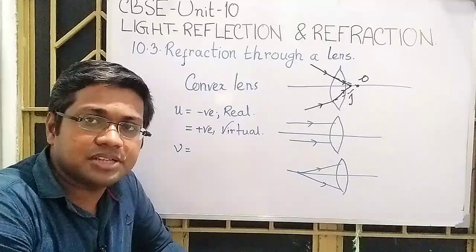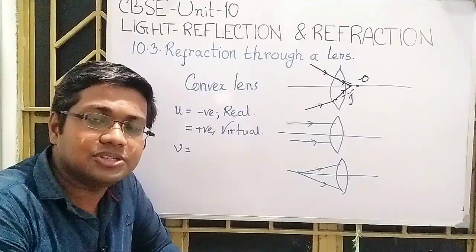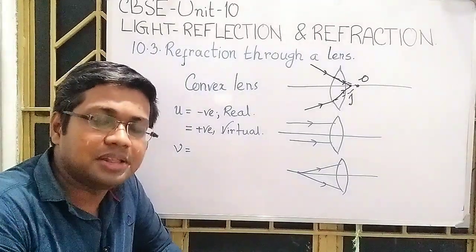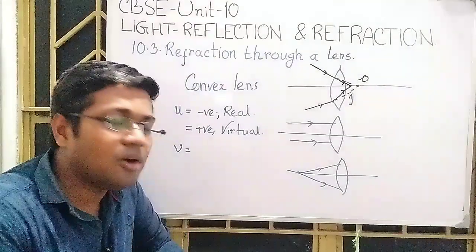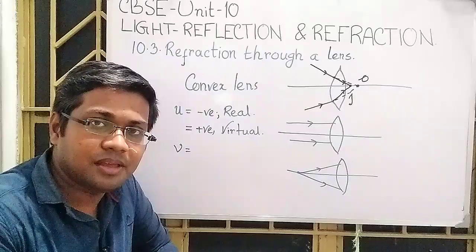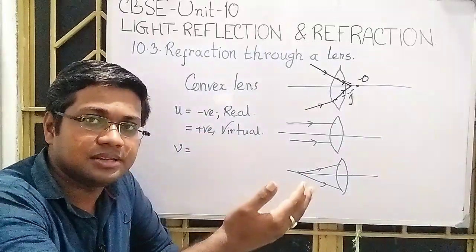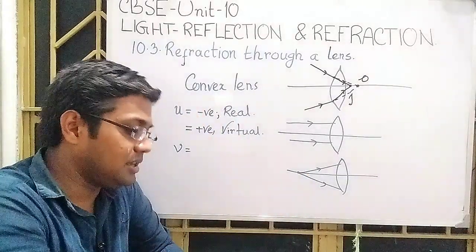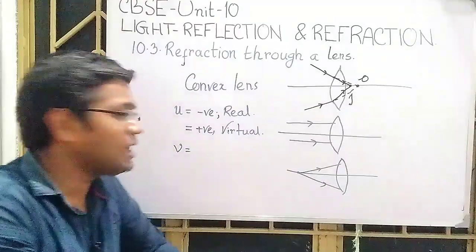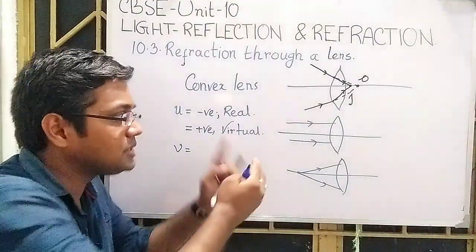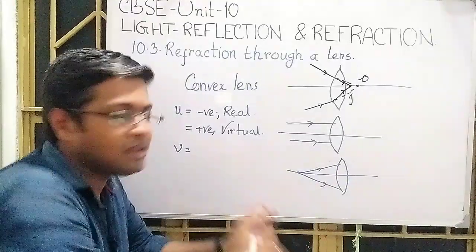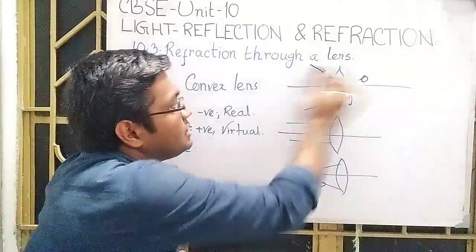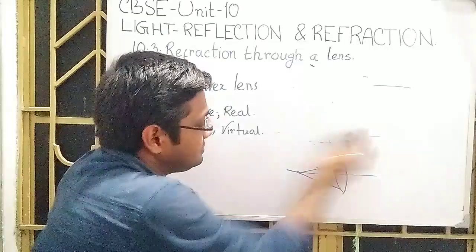After refraction, the refracted rays actually meet each other, and thereby the image is formed. So the image is formed this way, on the image side. The image is obviously real, and in that case the image distance is always measured from the optical center on the image side. If I try to draw it, it will be something like this.